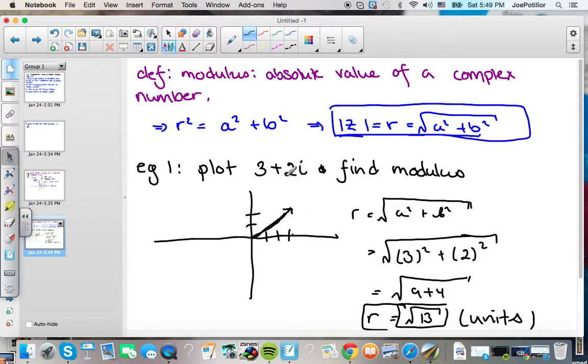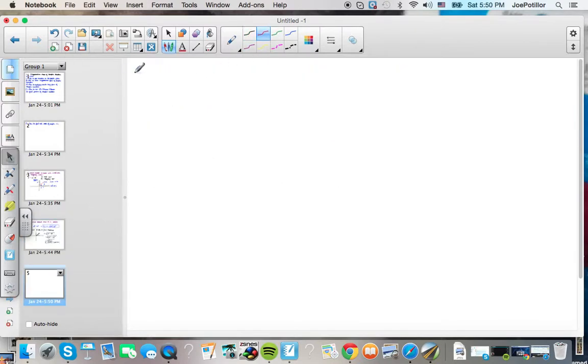So now we're going to derive the formulas for trigonometric forms of complex numbers. So that's objective 1. On to objective 2. In 2, we are, of course, doing trigonometric forms of complex numbers.